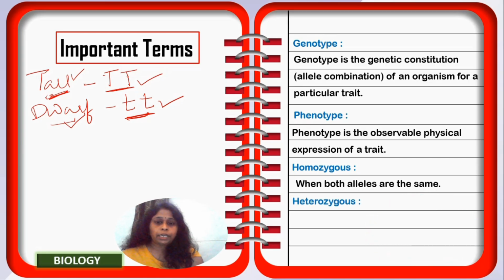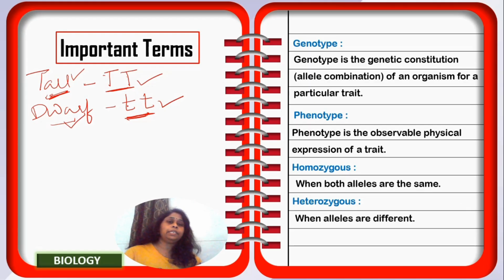Now in heterozygous condition the alleles are different, like capital T, small t. Why is it heterozygous? Because the alleles are different, right? One is capital and the other is small. Clear to you? So homozygous when both the alleles are same, and heterozygous when both the alleles are different.